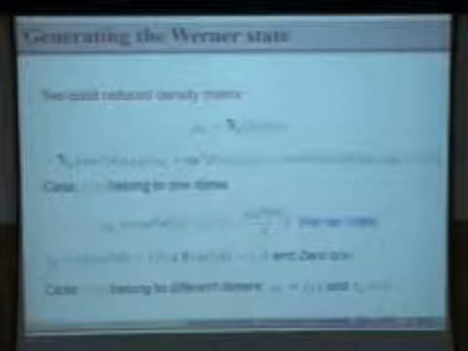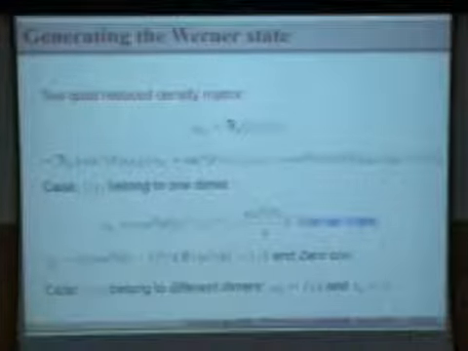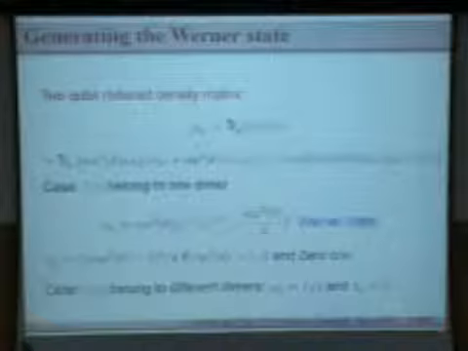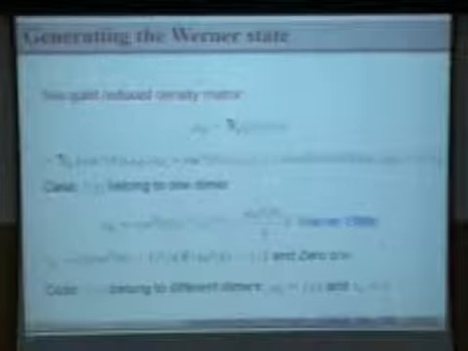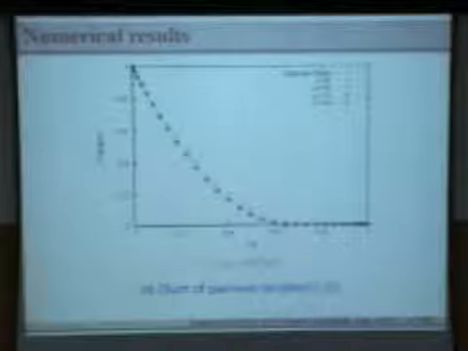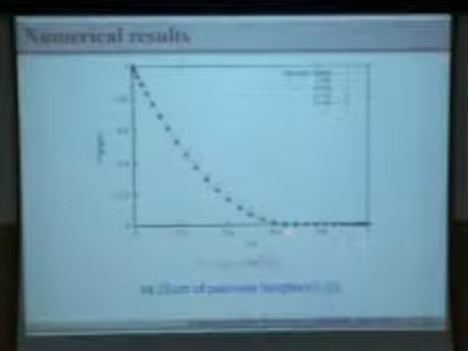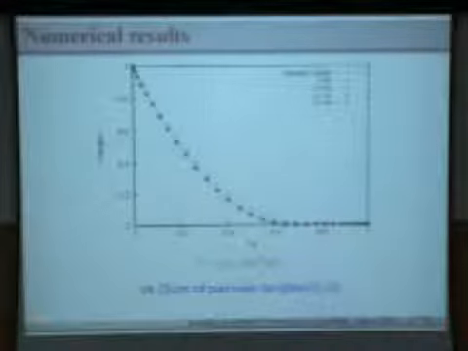This is an example of the Werner state, and it is well known and quite easy to calculate the concurrence in such a state. You can show that it is exactly 0 if cos squared theta is greater than 1 by 3. That is precisely what one sees in this picture here. If it is more than 0.67, this is exactly 0.